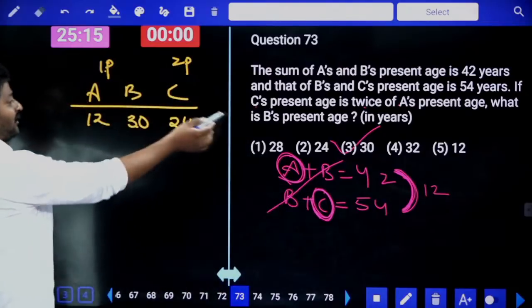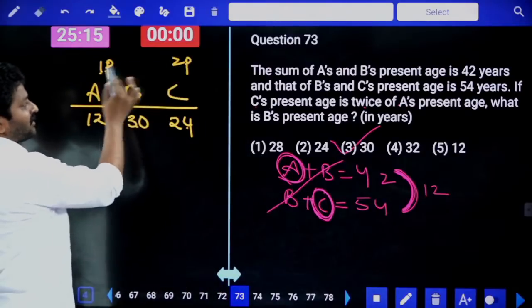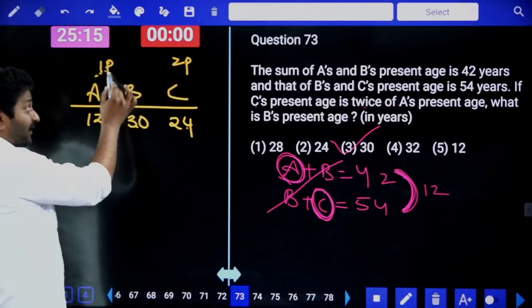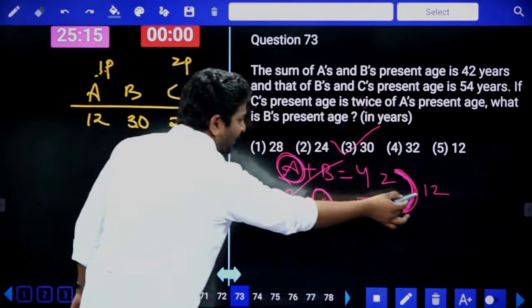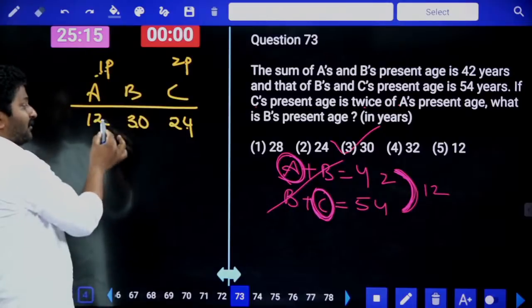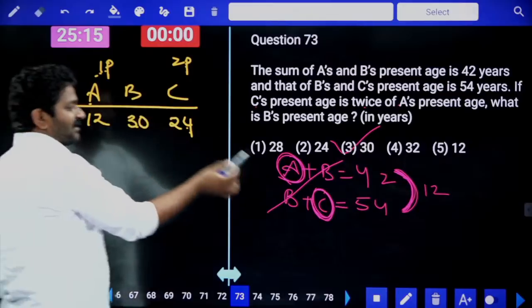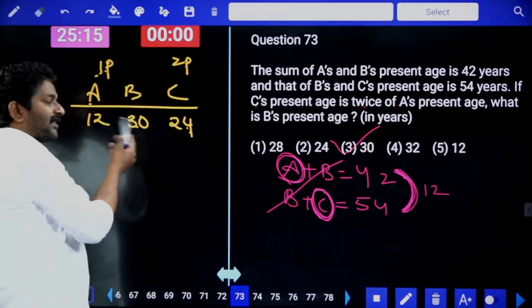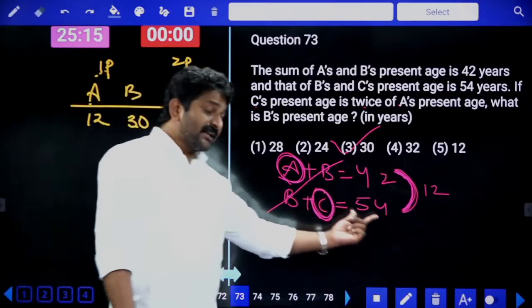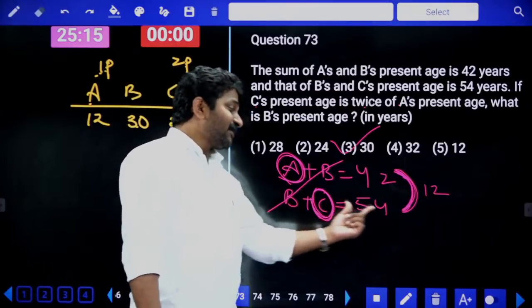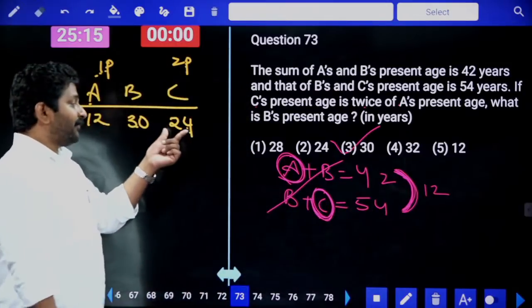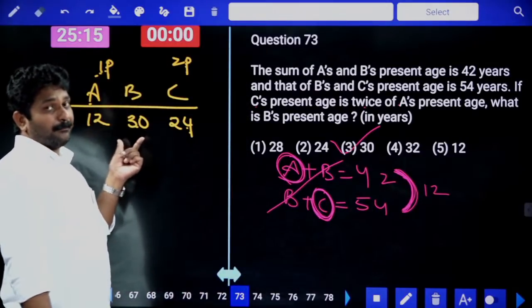And here, according to the condition, their ages are in the ratio 1 is to 2. Difference is one part, and here it is 12 years. One part is equal to 12 years, two parts is equal to 24. Sum of A and B ages is equal to 42 minus 12, 30. Or you can even use this equation as well. B and C ages must be equal to 54. Out of 54, if you subtract C's age, you get B's age as 30.